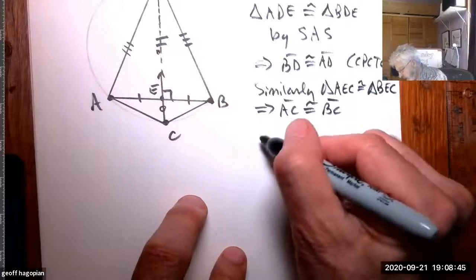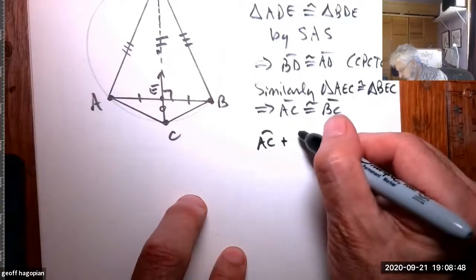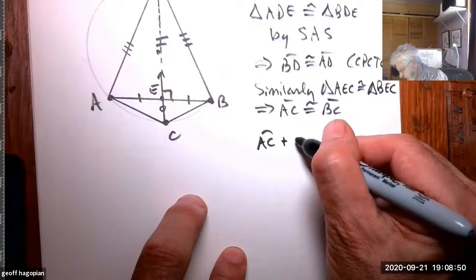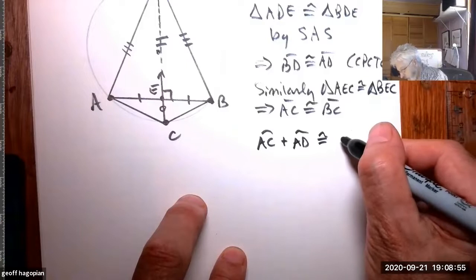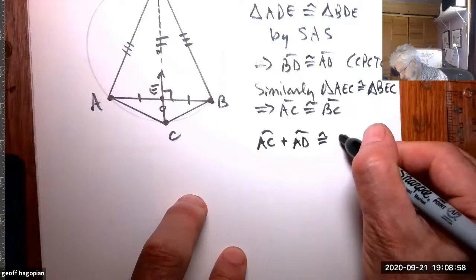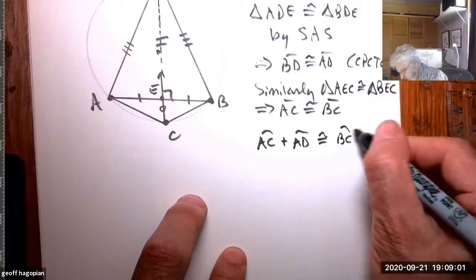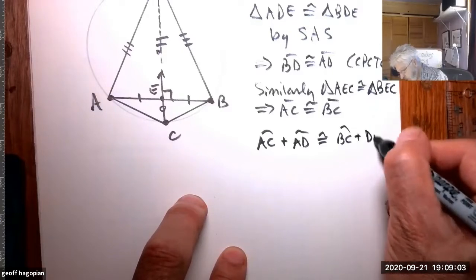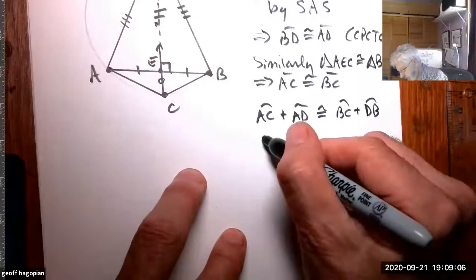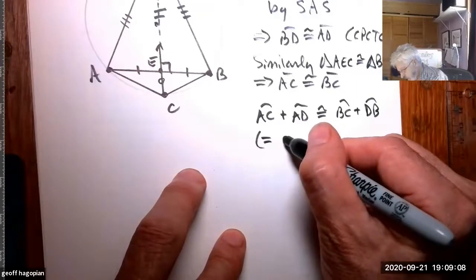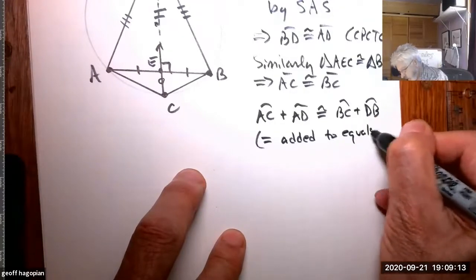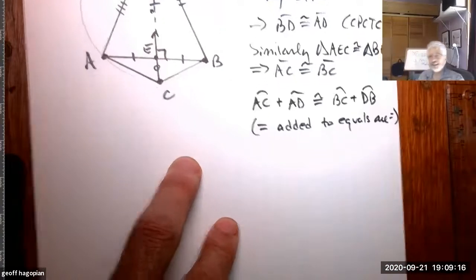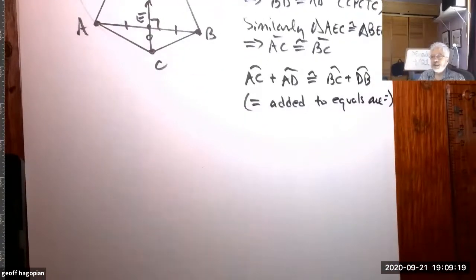Well, that says that arc AC plus arc AD is congruent to arc BC plus arc DB. And the reason for that is equals added to equals are equal. That's kind of obvious. Yes, it's the enemy of the true.